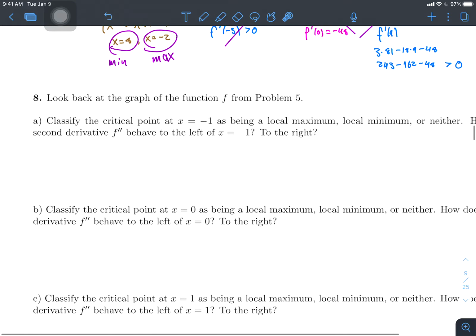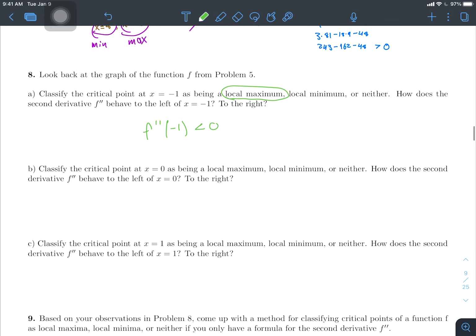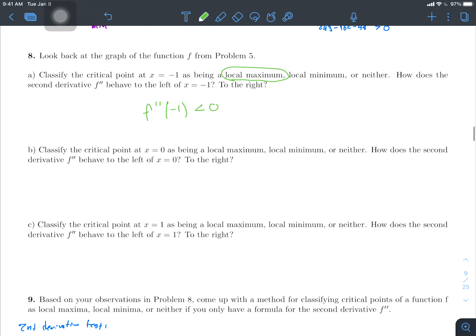Okay, so we've classified already that the point at x equals negative 1 is a local maximum. And what I see here is f double prime of negative 1 is less than 0. Okay, the second derivative has a uniform sign nearby negative 1. And then the other point at 0, I think I did that one in red, was a neither situation.